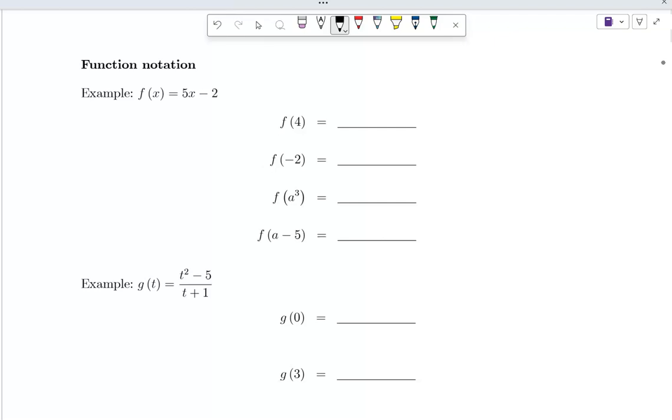So literally whatever's inside these parentheses is what you're going to take out the x and replace it with. When we read it as f of x, in this case we would say f of 4. I'm going to take out the x and replace it with a 4. So you take the input, multiply it by 5, subtract the 2. Simplify it, we get 18.